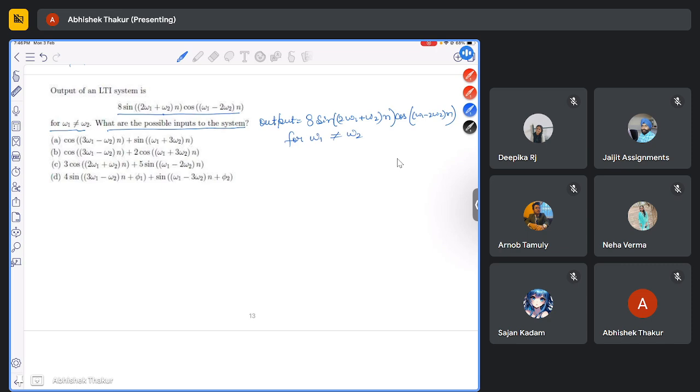What are the possible inputs to the system? So we can write the output as 2 into sine of (omega 1 plus omega 2) into n, cos of (omega 1 minus omega 2) into n.